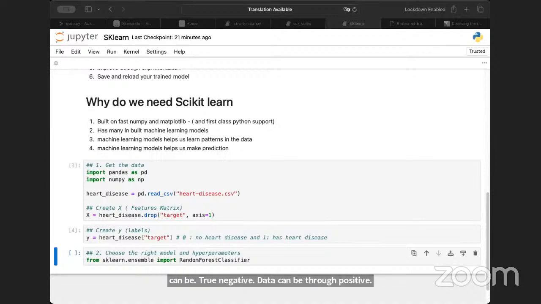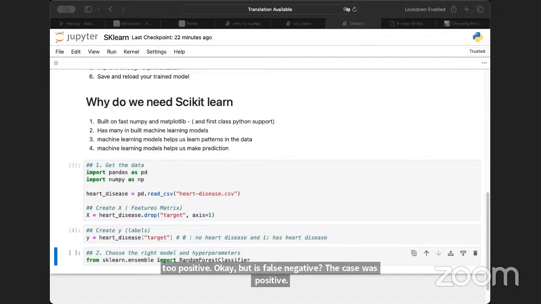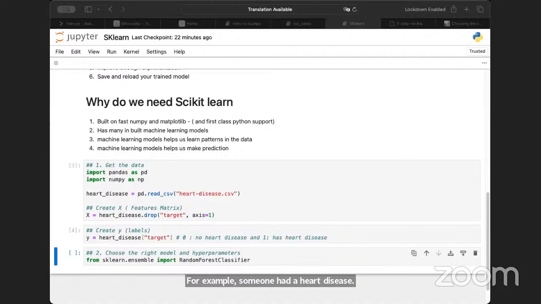True negative: the case was negative and predicted negative. True positive: the case was positive and predicted positive. False negative: the case was positive, for example, someone had a heart disease, but it was predicted that the person doesn't. False positive: the case was negative, but was predicted positive.